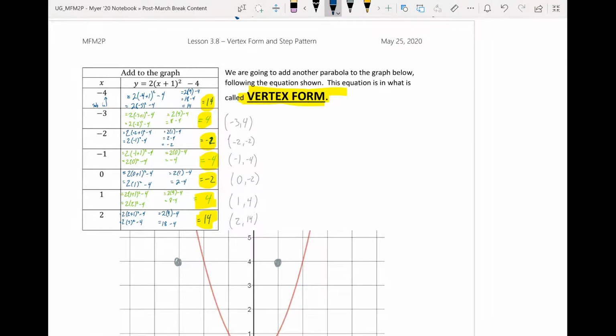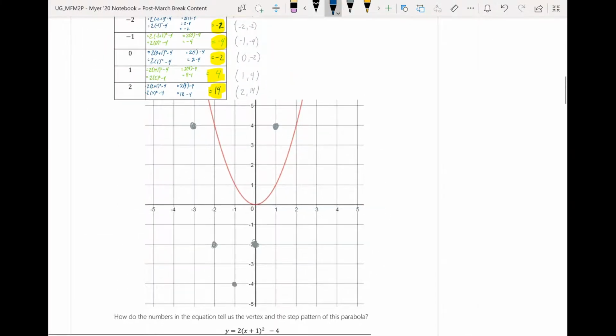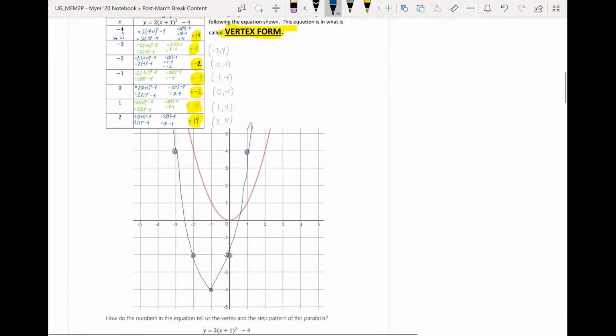And if we were to draw this parabola, it's my best attempt to do it freehand. It looks something like that.